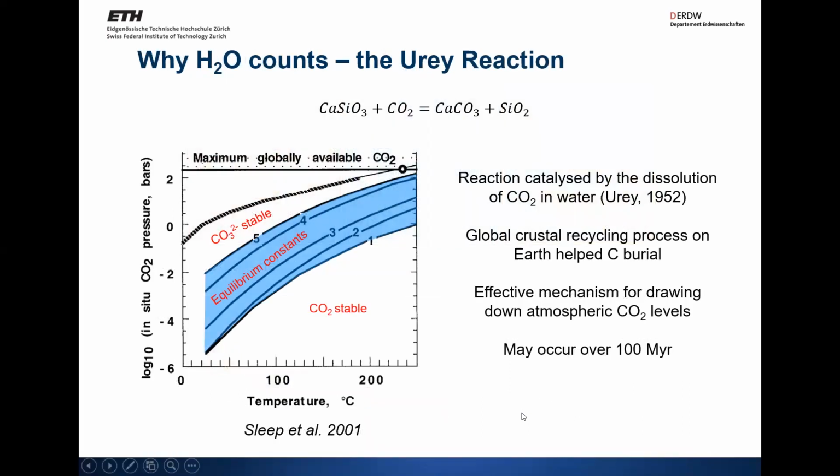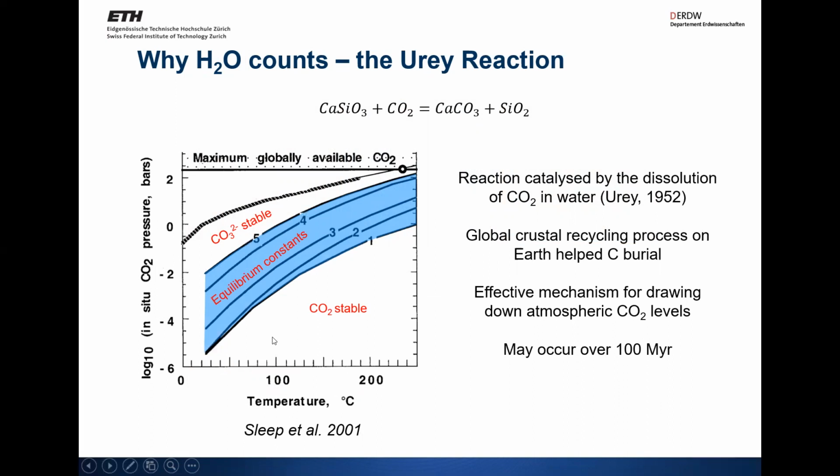having the stability of liquid water on the surface for long periods of time is important for the simple fact that it allows the Urey reaction to take place, in which CO2 is dissolved into water and then can participate in weathering, and therefore CO2 drawdown over time.